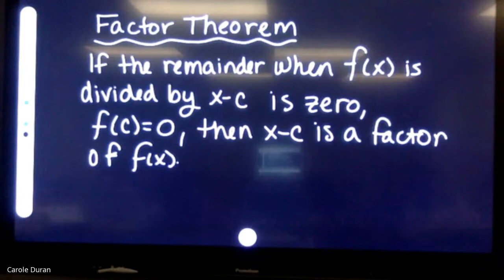So factor theorem says if I do division and I get a remainder of 0, whatever I divided out is a factor and divides evenly from my polynomial. This also applies, since we know remainder theorem, that if I plugged a number into my function and got an answer of 0, whatever I plugged in when turned into a factor is a factor of my polynomial. Okay, because I know that remainder and evaluation go hand in hand now.